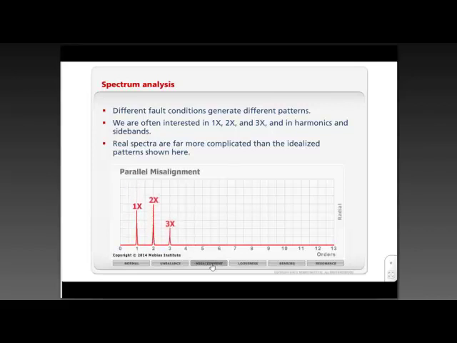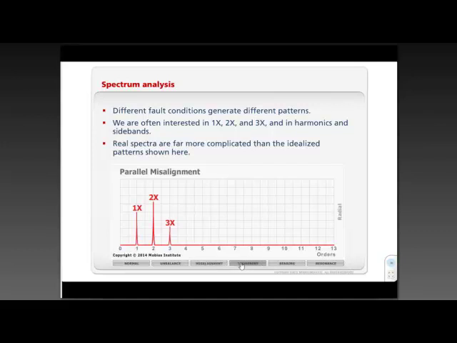Misalignment, we could talk about all these faults in a lot of detail, but I tend to see a change at 1x and twice running speed, and 3 times, and sometimes 4 times, and 5 times, depending on the nature of the misalignment, the nature of the coupling, we'll see the pattern change in a certain way.